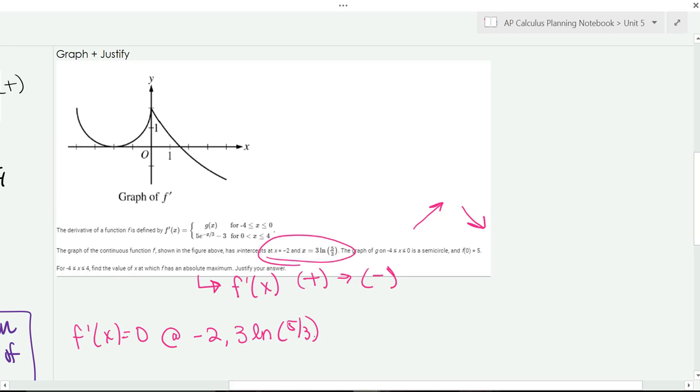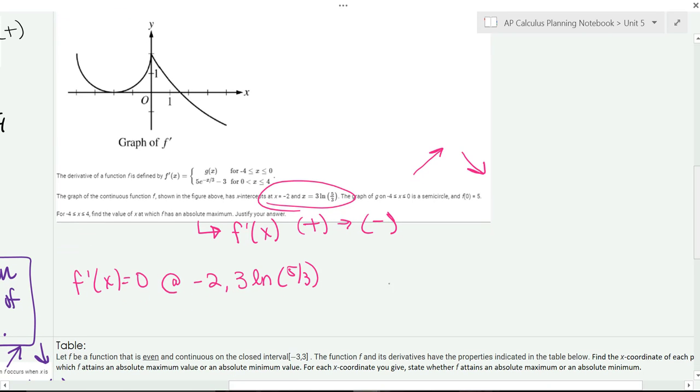So let's put that down here and look at this line. We have our critical values, right? We have -4 because that's the endpoint, +4, that's the other endpoint. I know that I have a critical value at -2. I know that I have a critical value at, let's see, 3 natural log of 5/3.